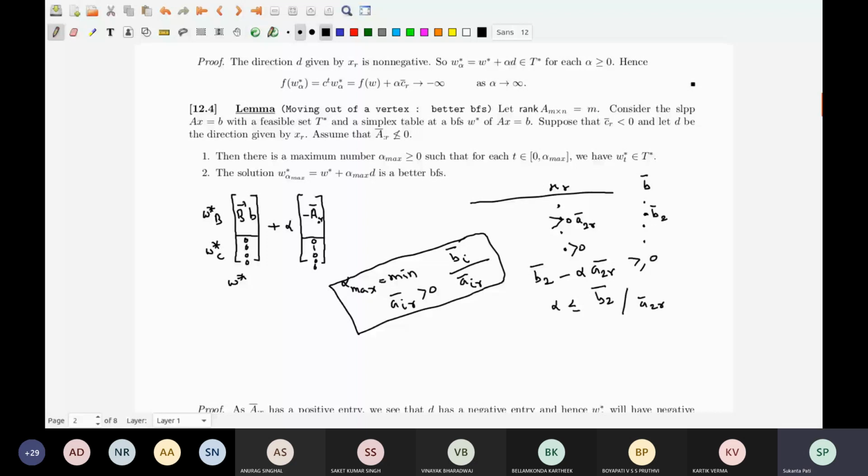Now, if you move this much, the following will happen. Let me take an example where the basis is x1, x2, up to xm, and here is xr, and let's say a 1 r bar.